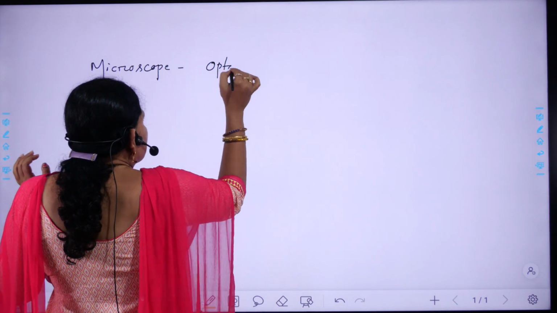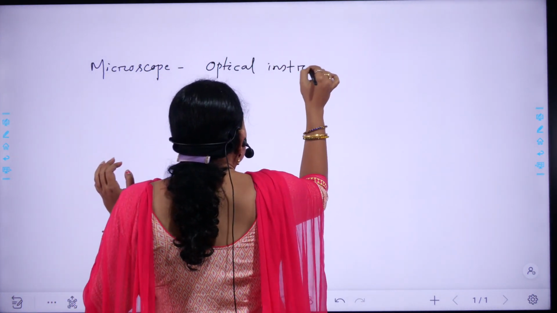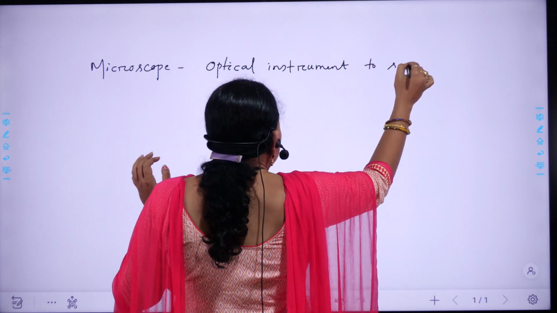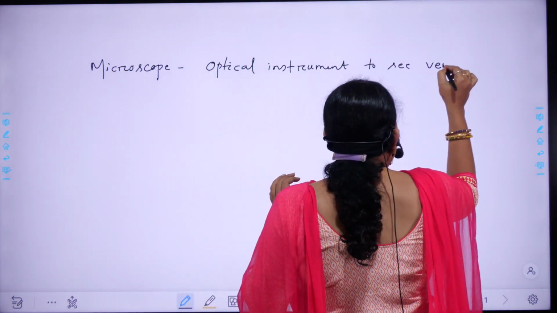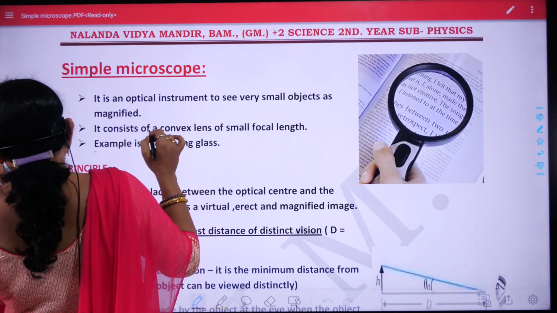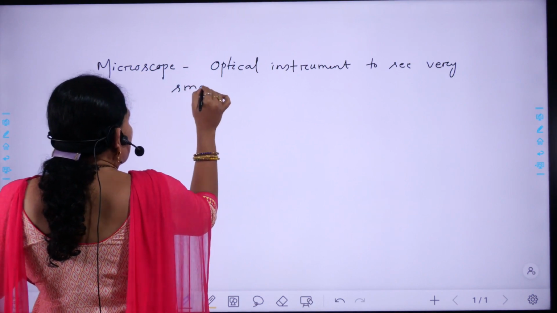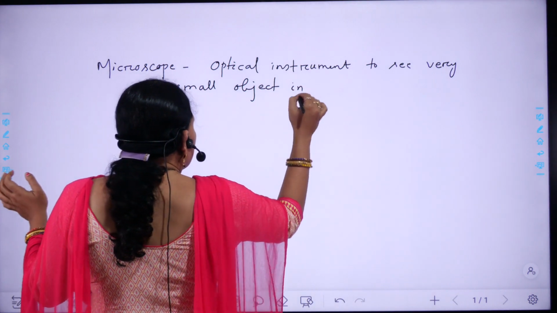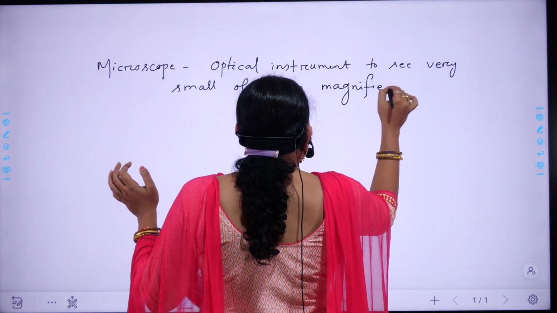An optical instrument to see what? A very small object in magnified form.